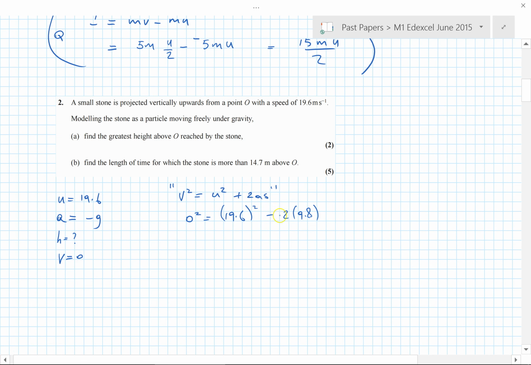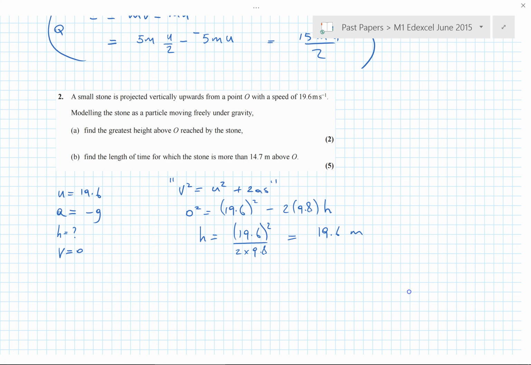I've changed the sign to negative because I've got negative g, times h, which is our maximum height. When I rearrange, h is equal to 19.6 squared over 2 times 9.8. You can actually see without a calculator that's 19.6 squared over 19.6, so that's 19.6 meters. Okay, so that's the answer to part A.